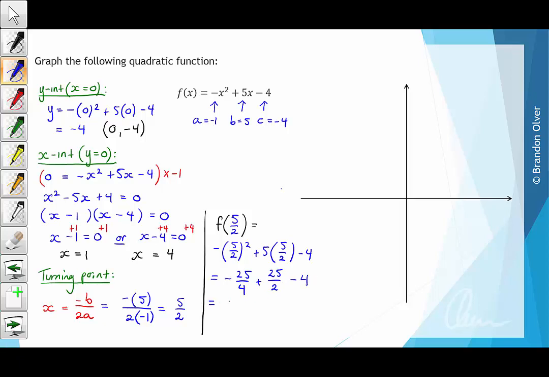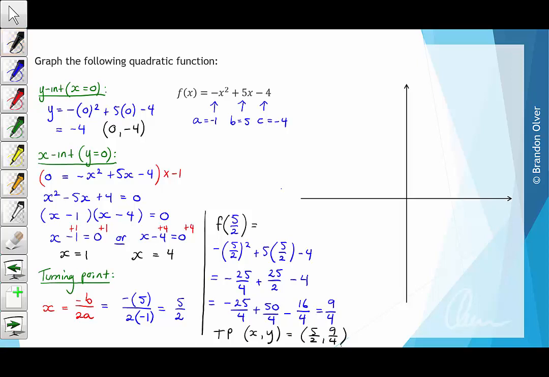If we get a common denominator, we can add these together: minus 25 on 4, plus 50 on 4, minus 16 on 4. And all up, that is equal to 9 on 4. Therefore, we can say that the turning point occurs at the coordinate (x, y) equal to (5 on 2, 9 on 4).